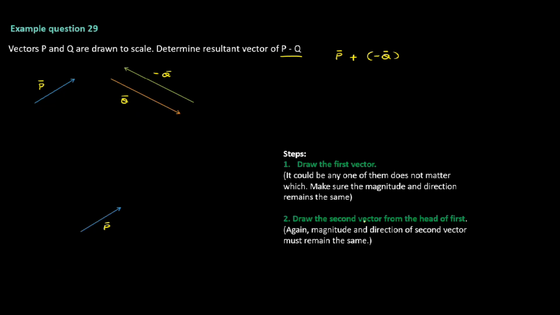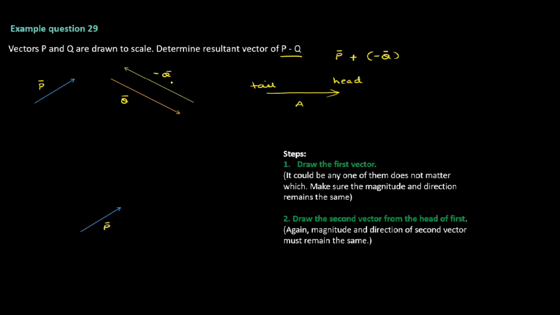The second step is to draw the second vector from the head of the first. If I have a vector, let's say A bar, the head of the arrow is this part over here, and the region where the vector originates from is called the tail. So when I'm drawing the second vector, I have to start from the head of the first.